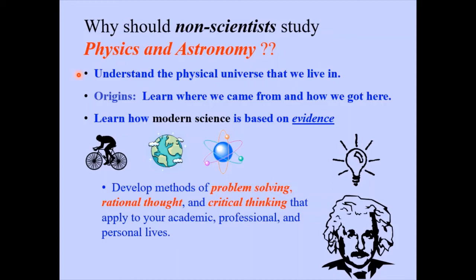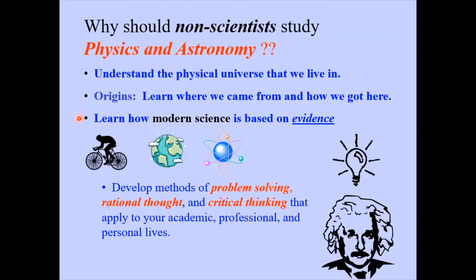And also the natural world around us, even if it's not technological in nature. If you think about looking up at the night sky and ever wondering what you're seeing, what these stars out there are, and so forth, those are the types of things that we're going to address in this course. Another one which is kind of interesting, and actually very personal, is the idea of our origins. We're going to learn where we came from and how we got here.